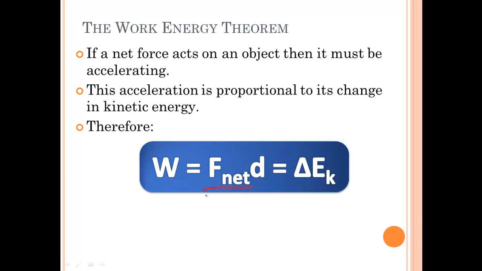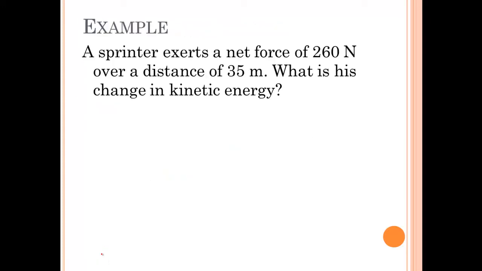You'll notice that work is equal to the change in kinetic energy, which is equal to, in this case, F net times distance. Remember, with potential energy, we dealt with the applied force. But now we're saying, let's go right to the net force. Let's take a look at how that's used. A sprinter exerts a net force of 260 newtons over a distance of 35 meters. What is the change in kinetic energy?